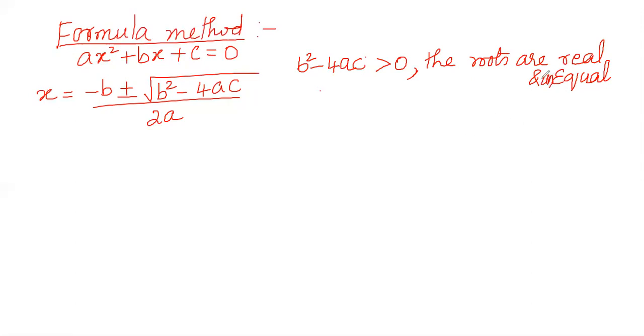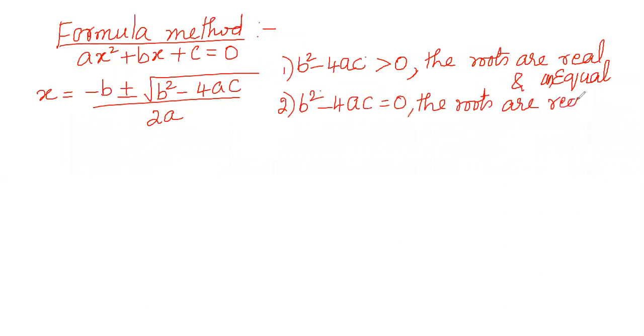Be very careful, it's unequal. Second condition: if b squared minus 4ac is equal to 0, the roots are real and equal. So using b squared minus 4ac, you can easily decide whether the roots are the same or different.